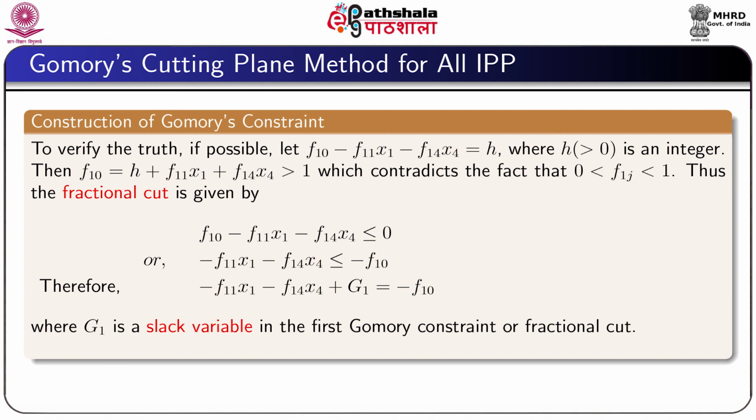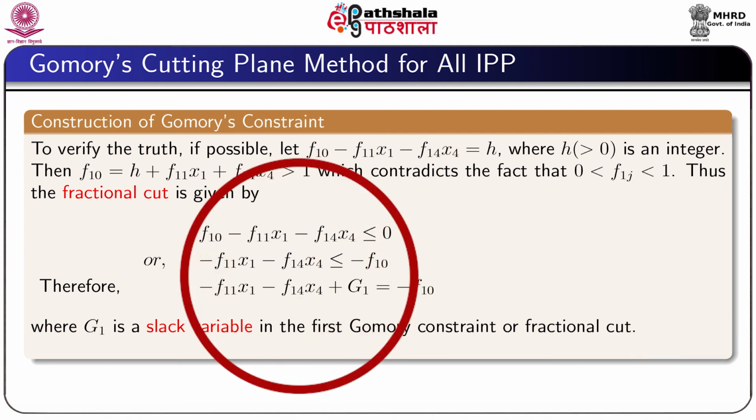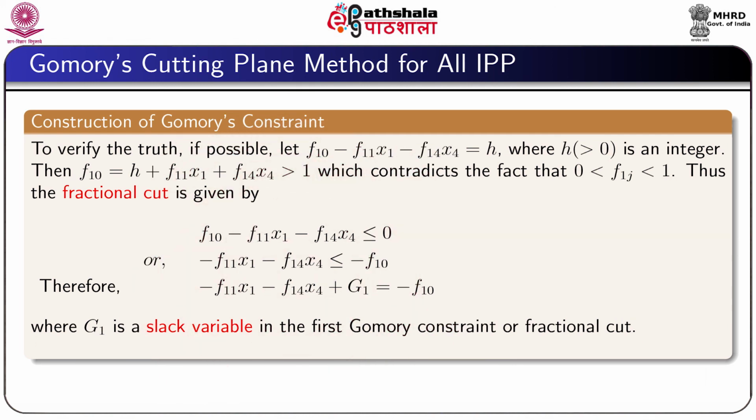Thus, we have the fractional cut F10 minus F11 x1 minus F14 x4 is less than or equal to 0, and this gives minus F11 x1 minus F14 x4 is less than or equal to minus F10, and this gives minus F11 x1 minus F14 x4 plus G1 is equal to minus F10, where G1 is called a slack variable, and by the name of Gomori we call it Gomori's slack variable.